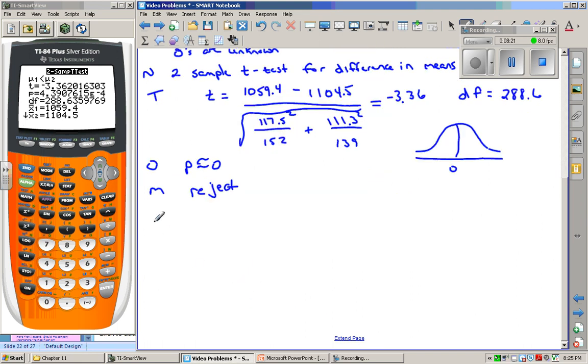And so then finally, let's make a conclusion. Since p is essentially 0, we reject the null.